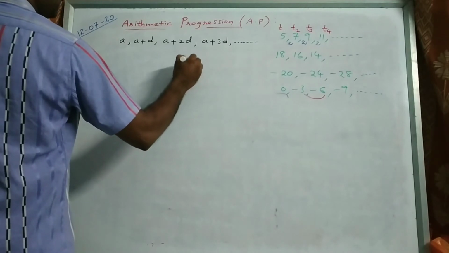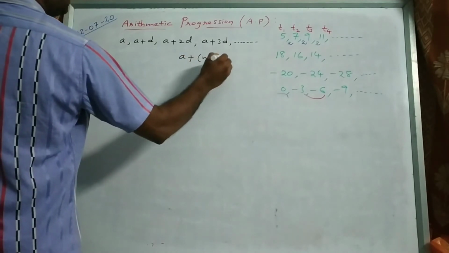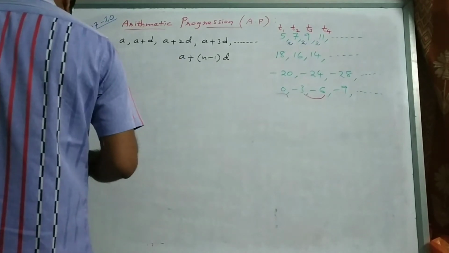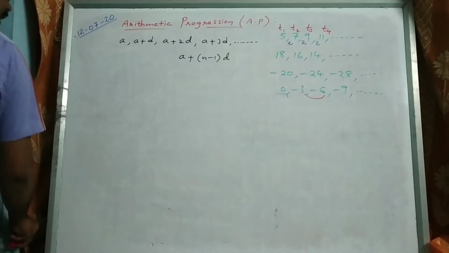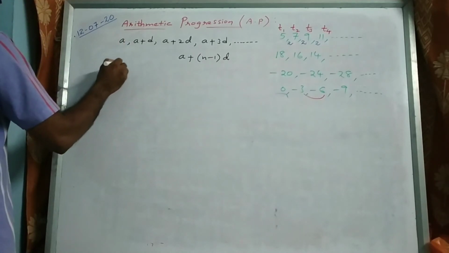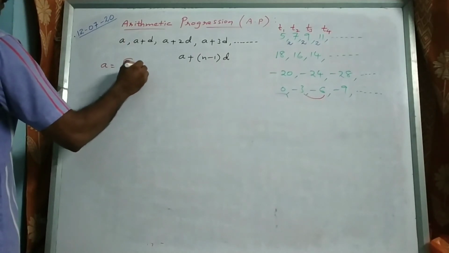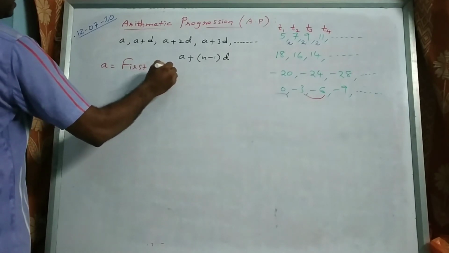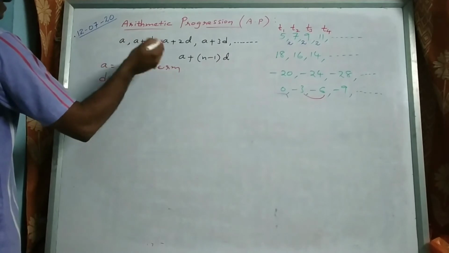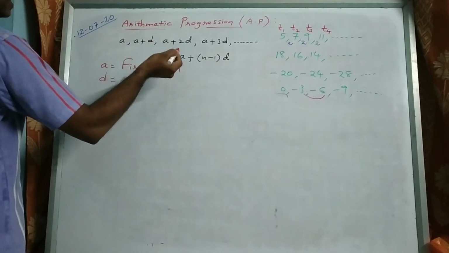The general term is A plus n minus 1 into D. This is called an AP. So what is A called here? First term. A is the first term.